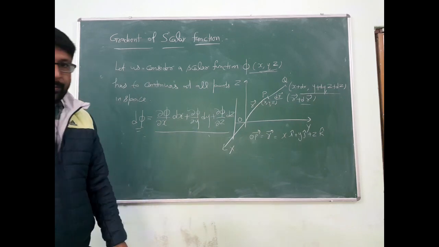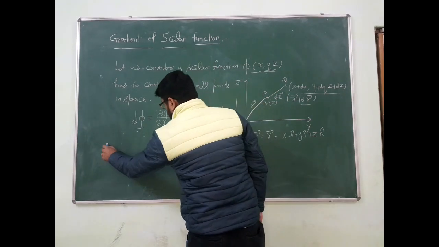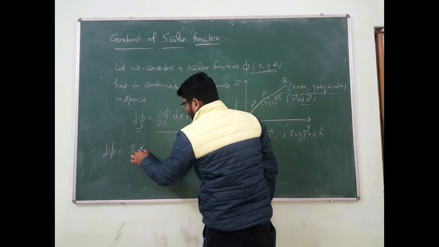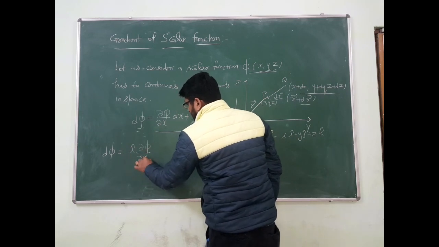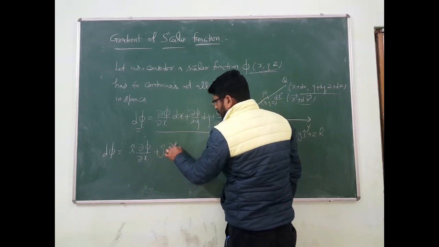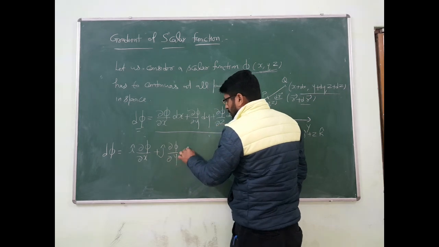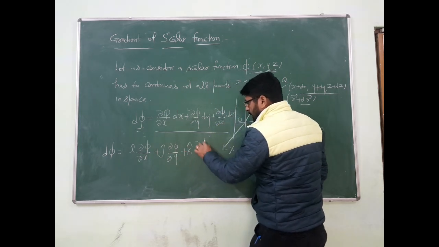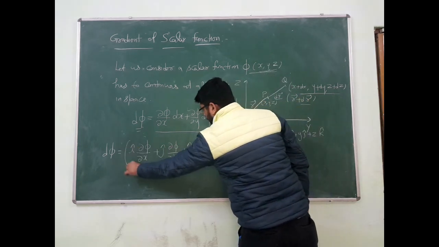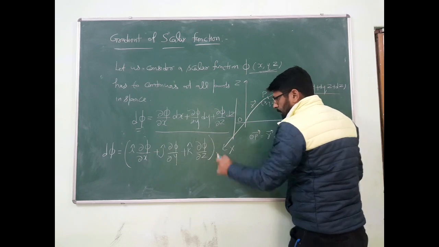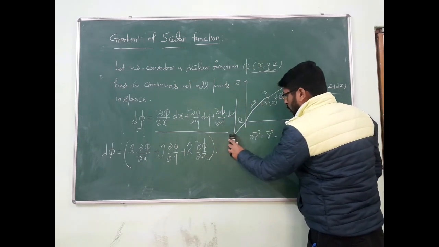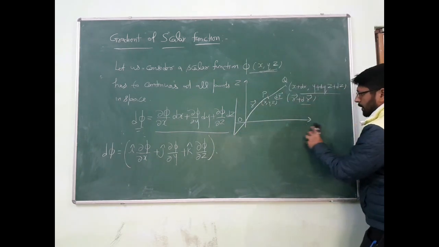This dφ can be written as (∂/∂x) i cap plus j cap ∂φ/∂y plus k cap ∂φ/∂z, this term into a dot product. Again dot product, I hope you all are aware what I am talking about.